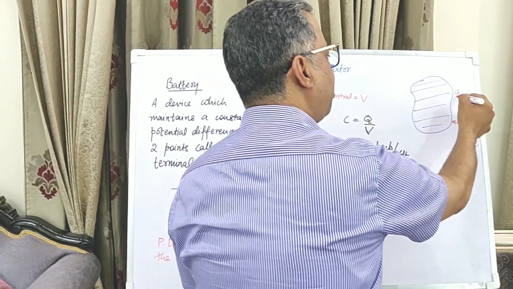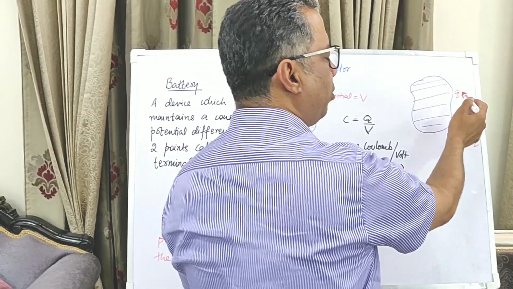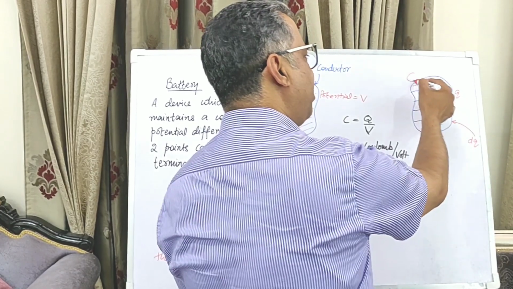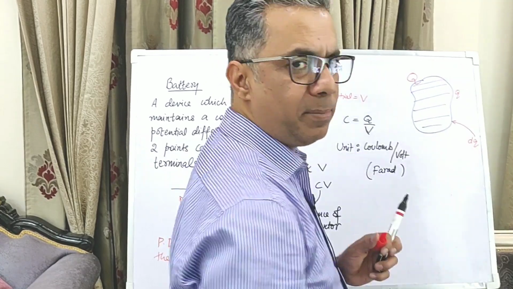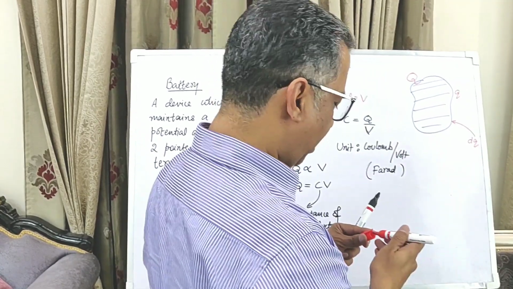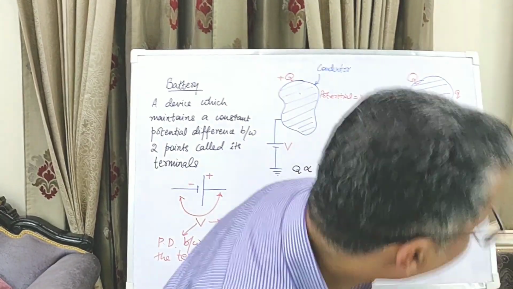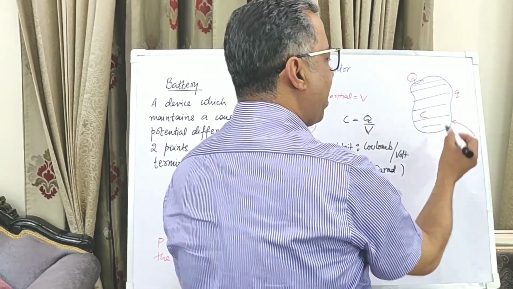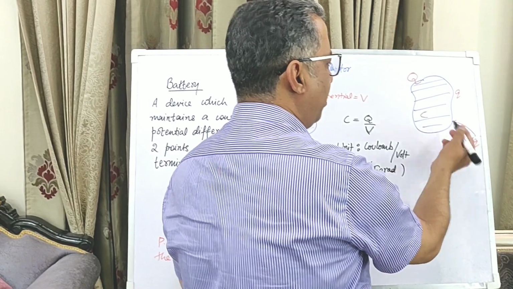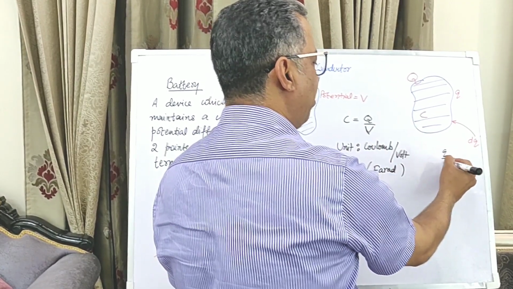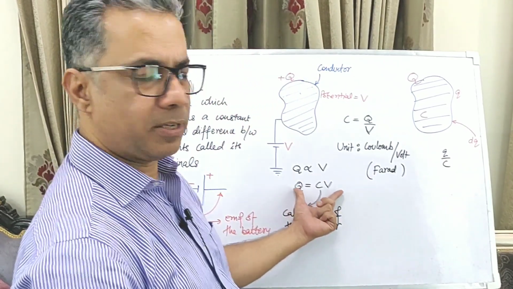After some time the charge on it has built up to q, but we still keep adding more and more, and eventually a total charge Q has been built on this capacitor. The capacitance is C, and therefore when the charge on the capacitor is q, its potential V will be given by q by C. That's the definition.